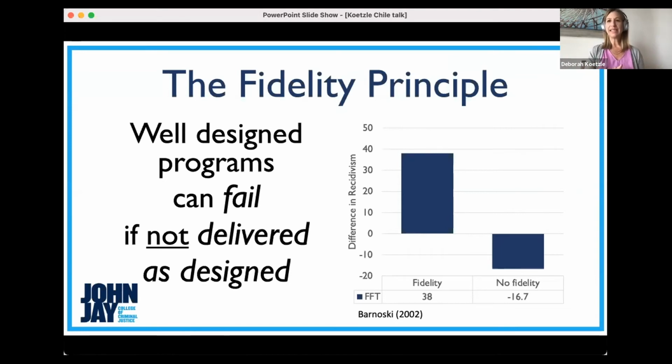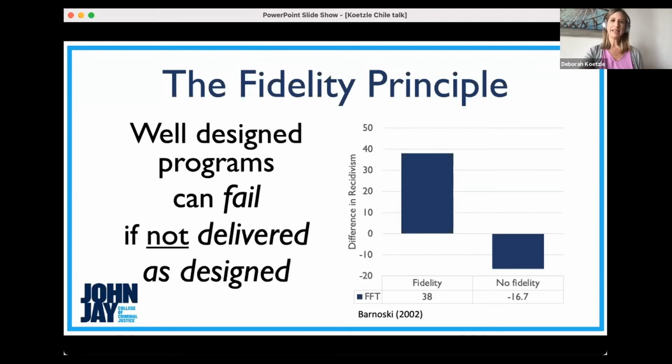And here we see that when FFT was delivered with fidelity, there was a 38% reduction in recidivism. When it drifted, when facilitators sort of did their own thing, they didn't deliver the program as designed, recidivism rates went up. So even well-designed programs can fail if they're not done well.